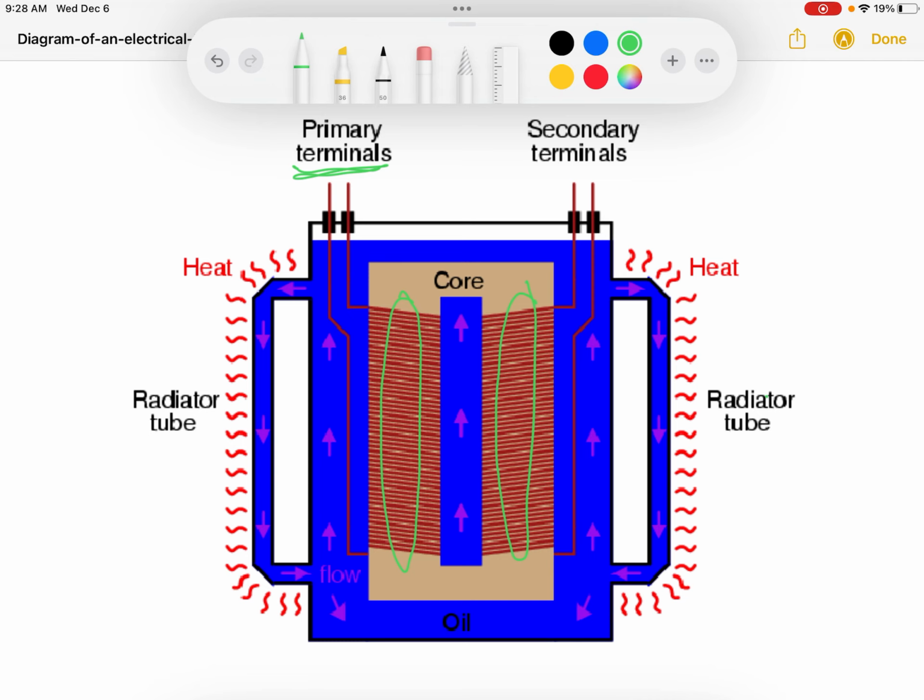Either of the two. Now, primary terminals, this is where the voltage will enter. And secondary terminals, this is where the new voltage will go out. Since this is the transformer on a pole, this is a step down transformer.